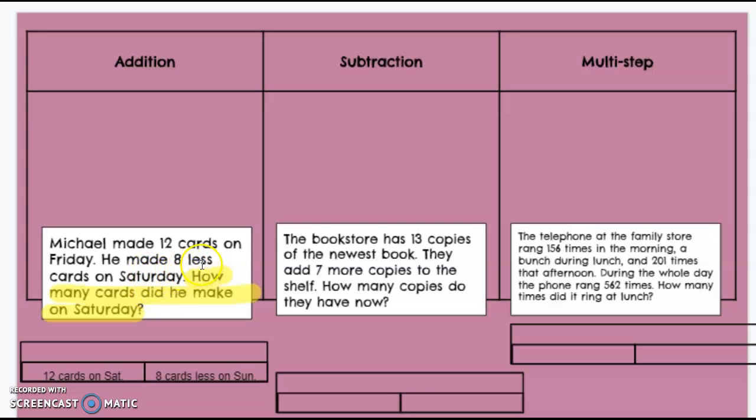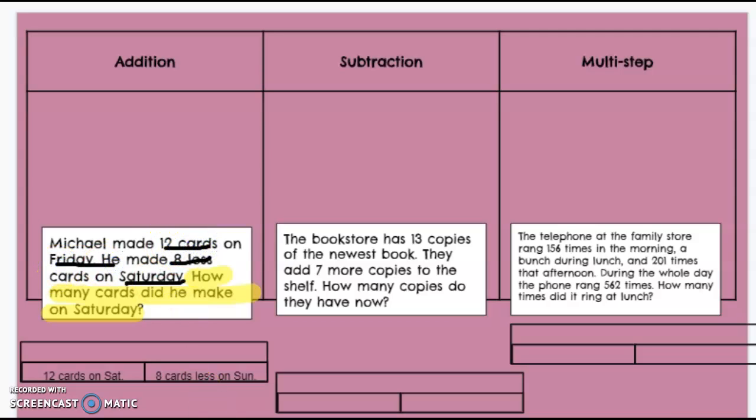If he made 8 less on Saturday, he made 8 less than 12. So you are not going to be adding 8 and 12 together to figure out how many he made on Saturday. He made 8 less on Saturday. He made 12 on Friday.